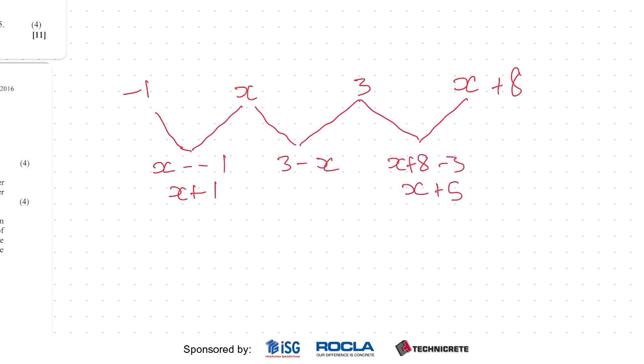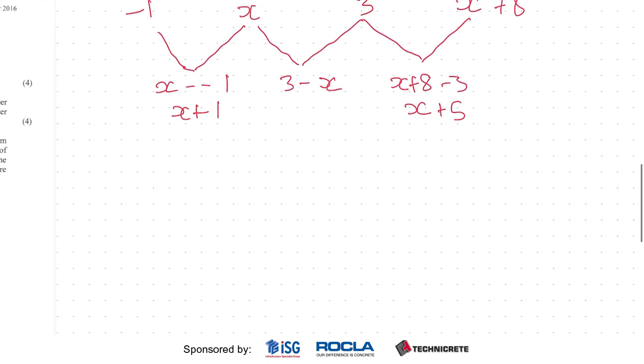Okay. And then as we know in these sequences, we have to find the common ratio between the differences. So we'll do it again here, and we get 3 minus x minus x plus 1.